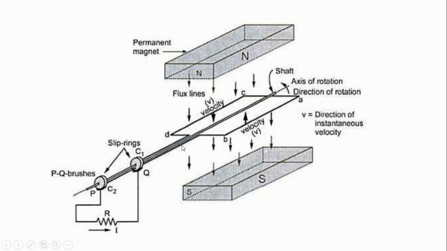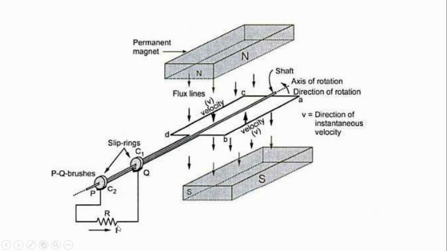The two ends of the coil are connected to two slip rings, and two brushes P and Q are resting on each of the slip rings. The slip ring and brush assembly is to collect the current induced in the coil and make it available to the stationary external resistance R.